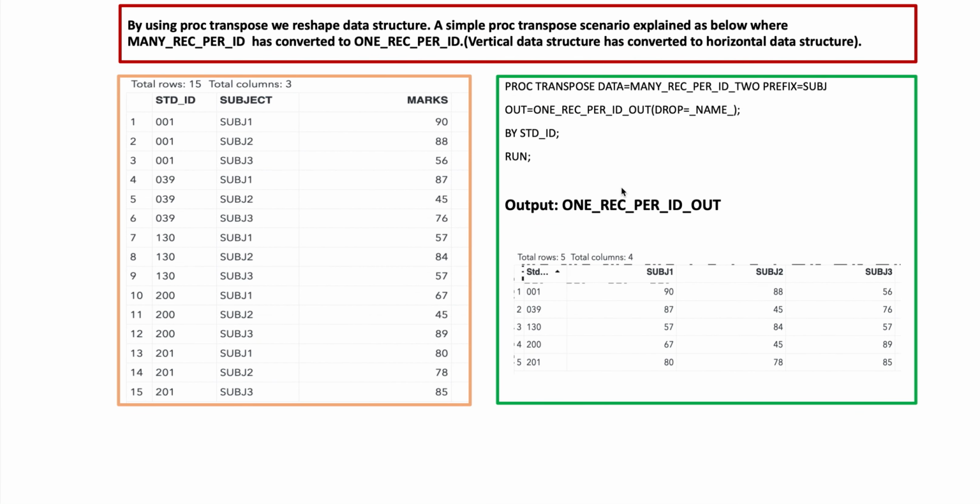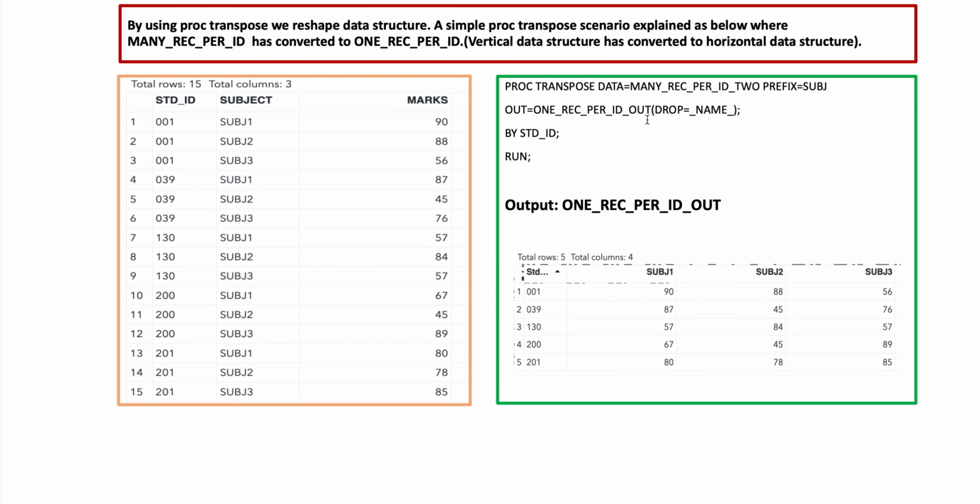Next slide is a reverse process. In this step, we are using PROC TRANSPOSE to reshape the data, but we are going to convert multiple records per ID to a single record per ID. The input dataset name is many record per ID, and the output dataset name is one record per ID output dataset.